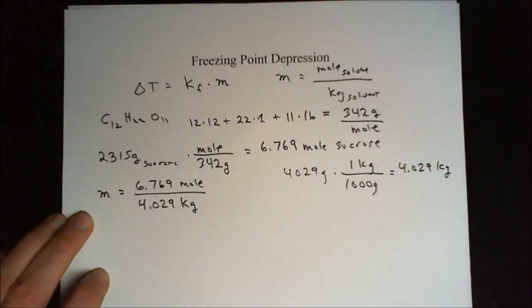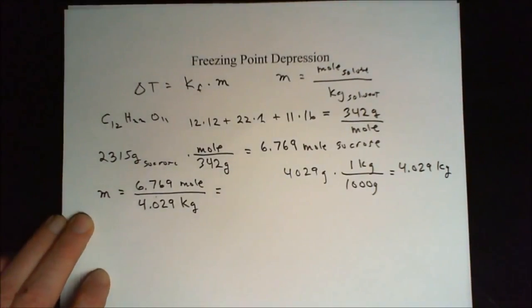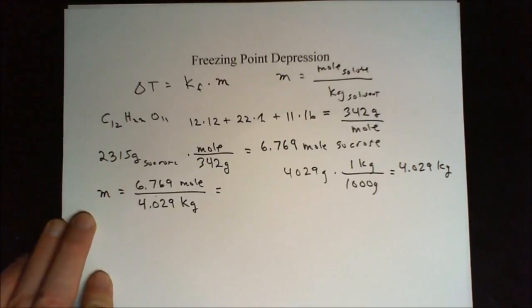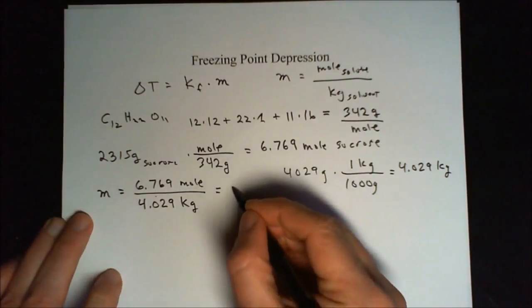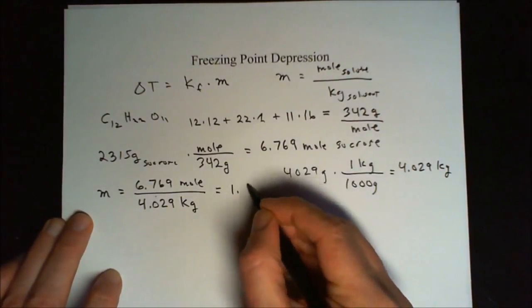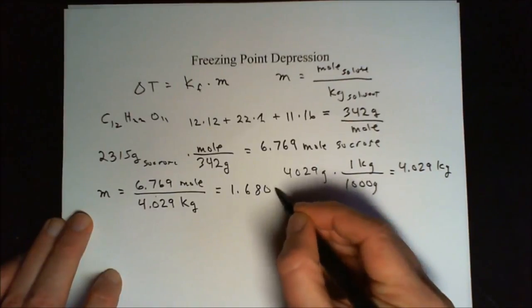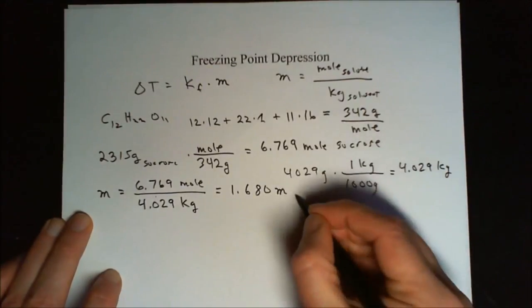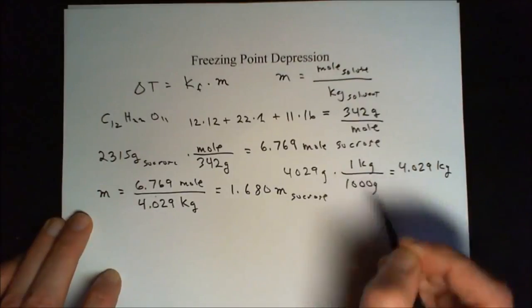That's where we got the kilograms from. And we divide that out, pull out our calculator, and we get 1.68 molality in sucrose in water.